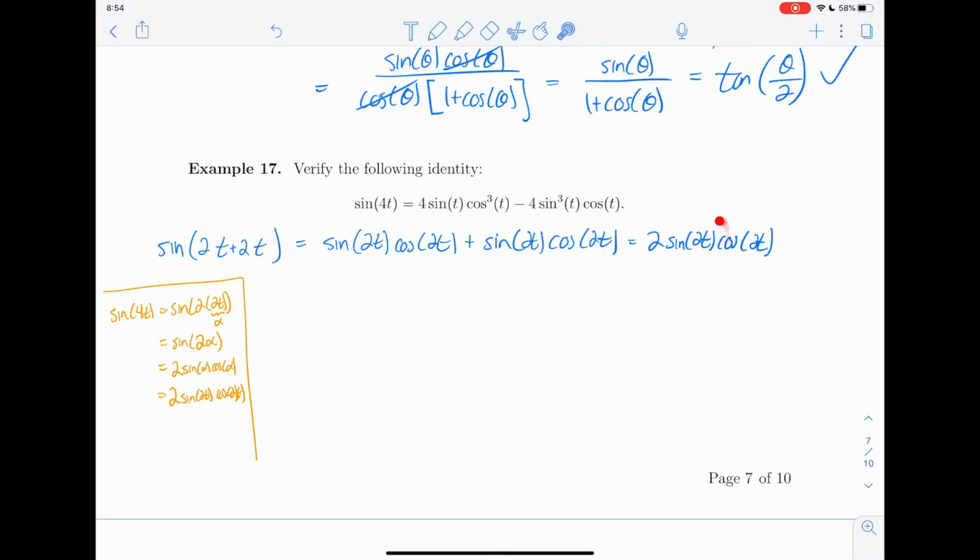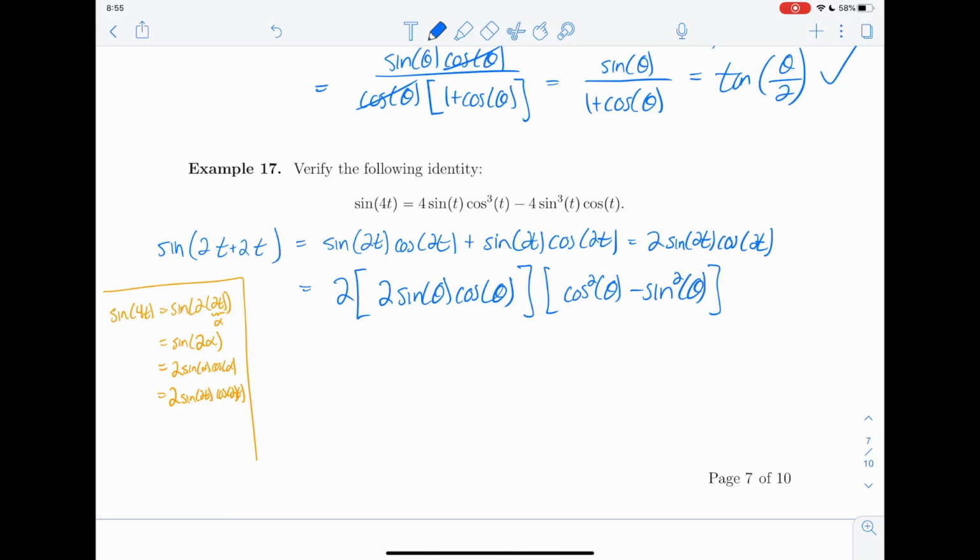Here we have sine 2t and cosine 2t. We do have double angle formulas for what those are, so we could write this as 2 times sine of 2t, which becomes, like we said earlier, 2 sine theta cosine theta. And for the cosine of 2 theta, we have options, but I'm going to go with the base formula, which is cosine squared theta minus sine squared theta.